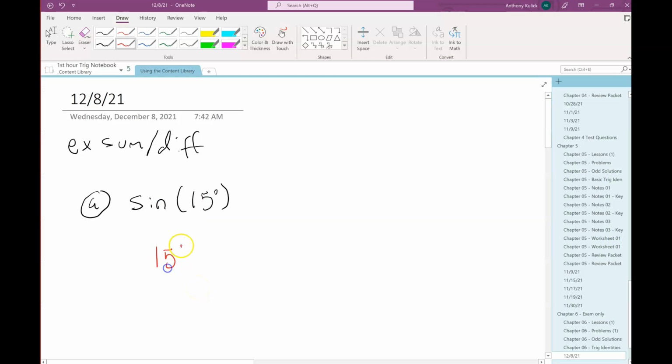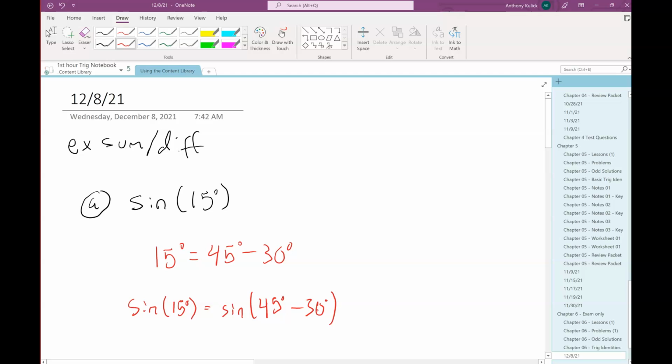So we're going to say 15 is 45 minus 30. So the way we're going to think about this is sine of 15 is equal to sine of 45 minus 30.